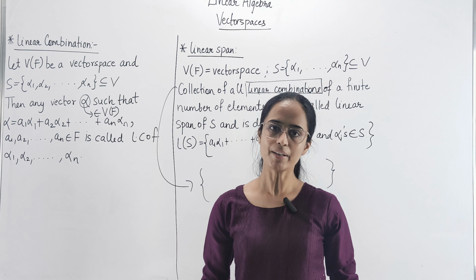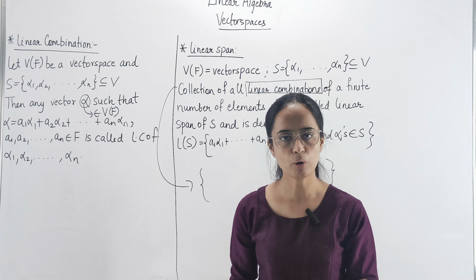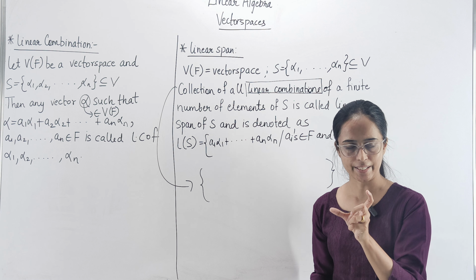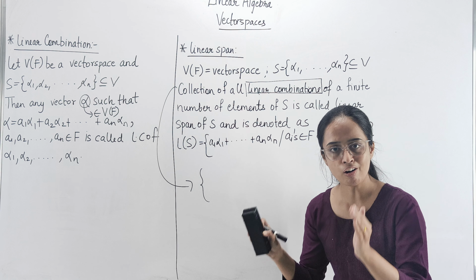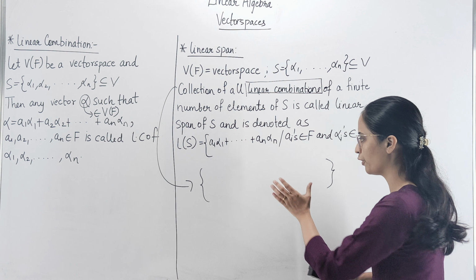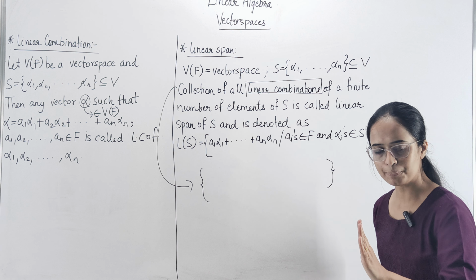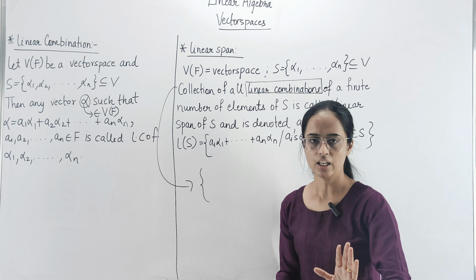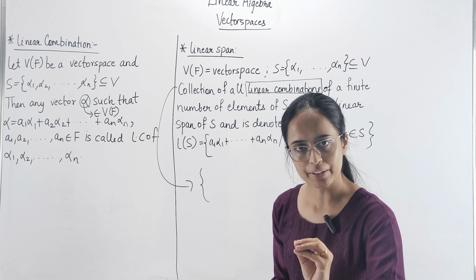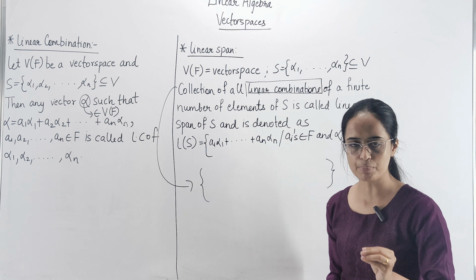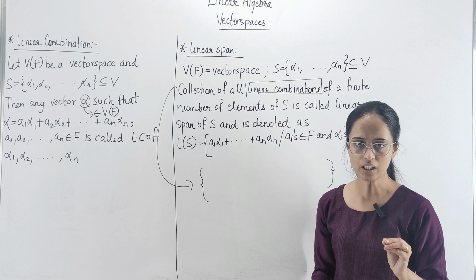So whichever vectors of the vector space we get to represent in this linear span, we are going to take all those linear combinations and form a set. So let's say your vector space has some 10 vectors and out of those, 3 vectors can be written as a linear combination of a subset of that particular vector space.